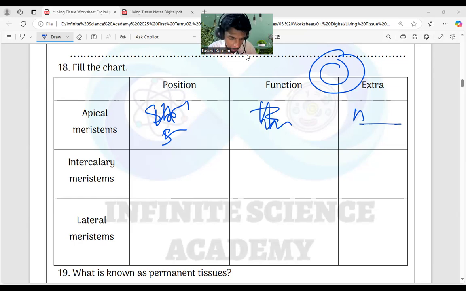And here root apex, shoot apex, lateral but. Mahan, correct that one, okay? That is lateral but, okay? And nodes, lateral, present in the stem, increasing the diameter, okay. Found in the grass, increasing the diameter, intercalary. Okay, very good.